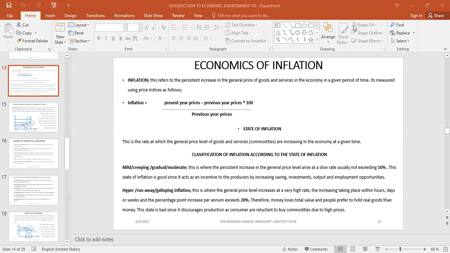If you are a producer, and someone wants to buy, let's say, 10 units of laptops, you may find that when that person comes back the following day, they cannot even afford what they bought yesterday. That's what we mean.